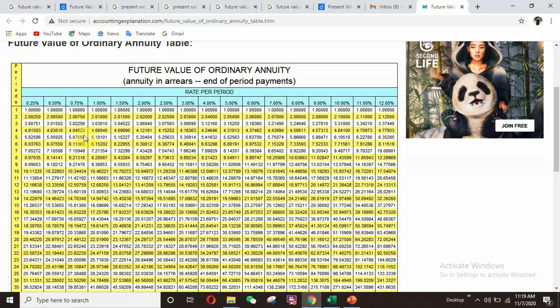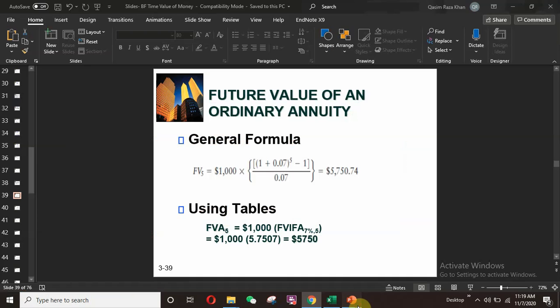This value is located in the column 7% and the row 5. So I will simply copy this value, 5.75, and put it into the equation: 5.750 multiplied by 1,000, and what I get is $5,750.